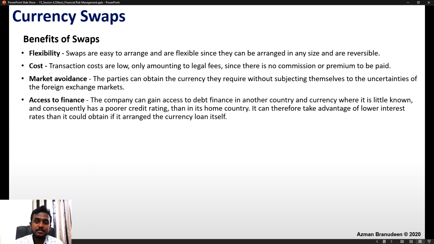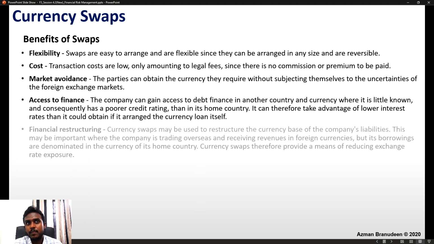Access to finance: the company can gain access to debt finance in another country and currency where it is little known and consequently has a poorer credit rating than in its home country. It can therefore take advantage of lower interest rates than it could obtain if it arranged the currency loan itself.